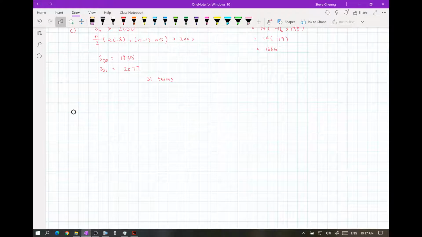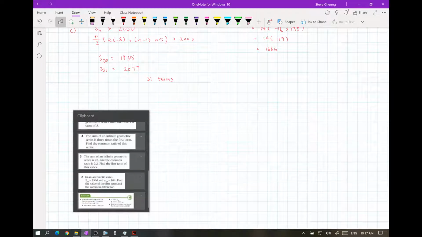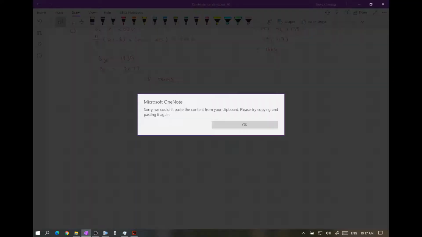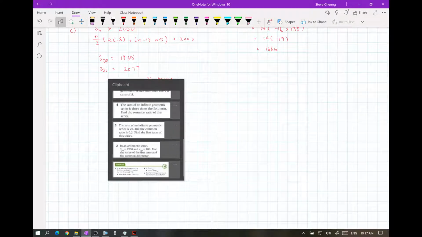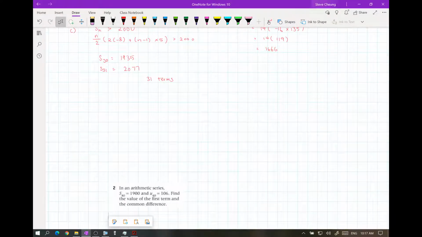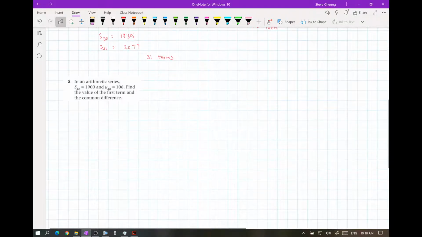Question 2. We have an arithmetic series. We're given the sum of the 40 terms and the 40th term. Find the value of the first term and the common difference.